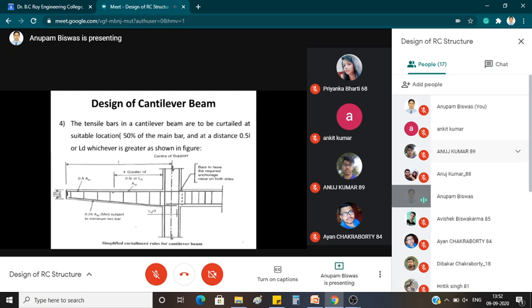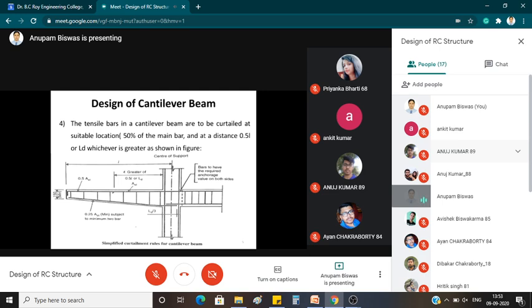Next, see the design of the cantilever beam. If you have to consider curtailment, as discussed in the previous class, we can provide curtailment up to 50% of the total main reinforcement, and the distance of this curtailment should be half of the span or the development length, whichever is greater.